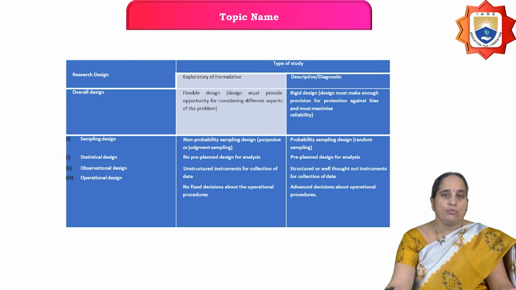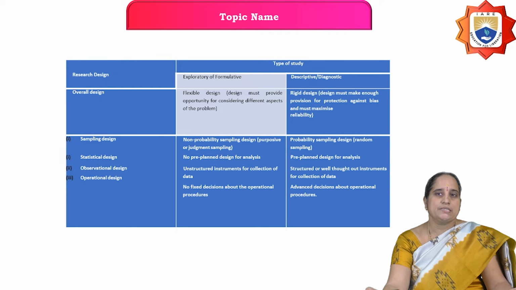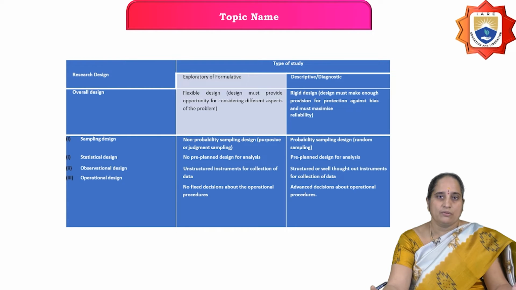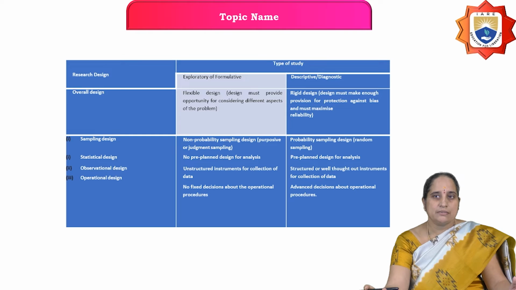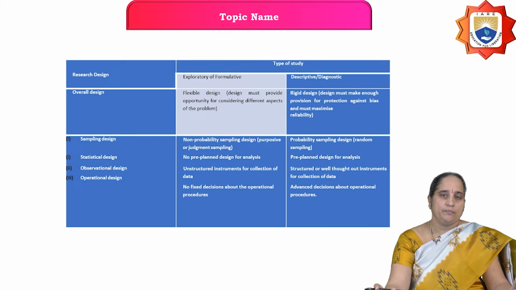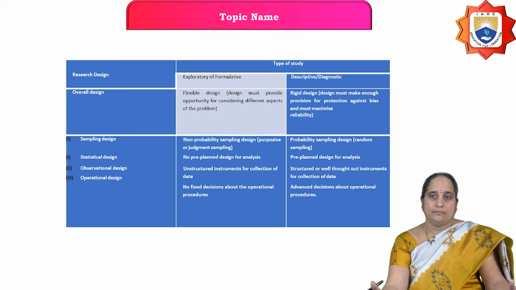Then coming to descriptive or diagnostic research, it is a rigid design. Rigid means constant, no change. So this design must make enough provision for protection against bias and must maximize reliability. As you are not going to depend on others, and whatever is said by you will be the final thing, we can have some sort of protection against bias.